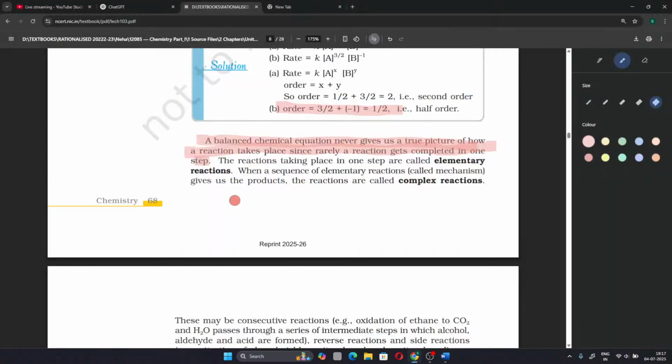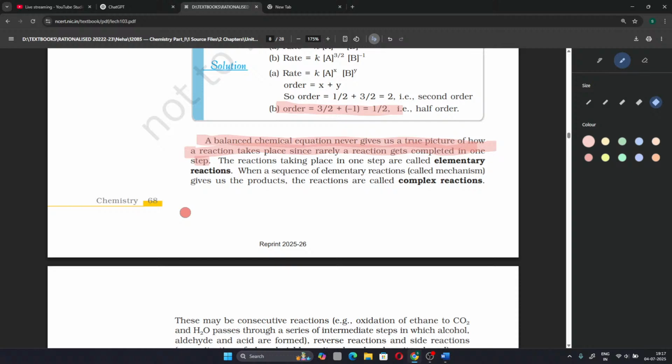Okay, let's continue. A balanced chemical equation never gives us a true picture of how a reaction takes place, since rarely a reaction gets completed in one step. Some of the reactions which we saw involve many molecules and many kinds of steps; these are what we call complicated or complex reactions, and we never get the true picture.